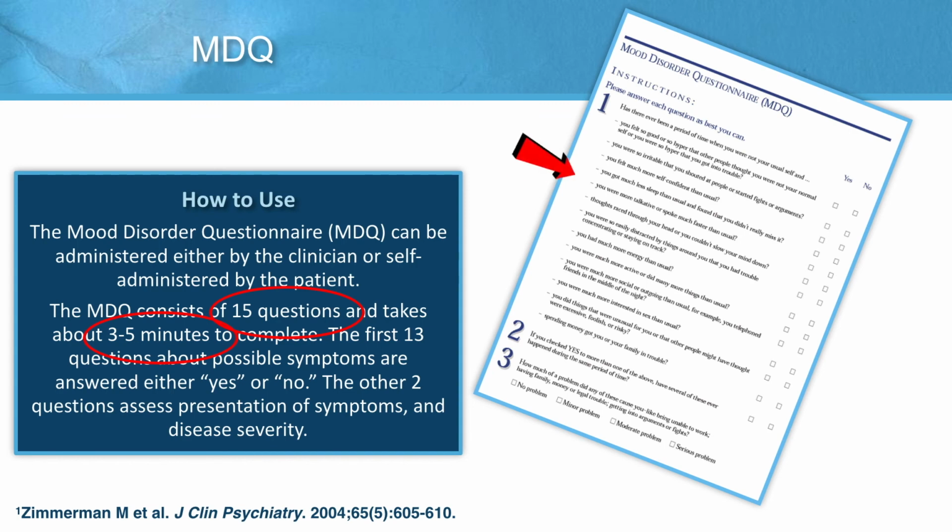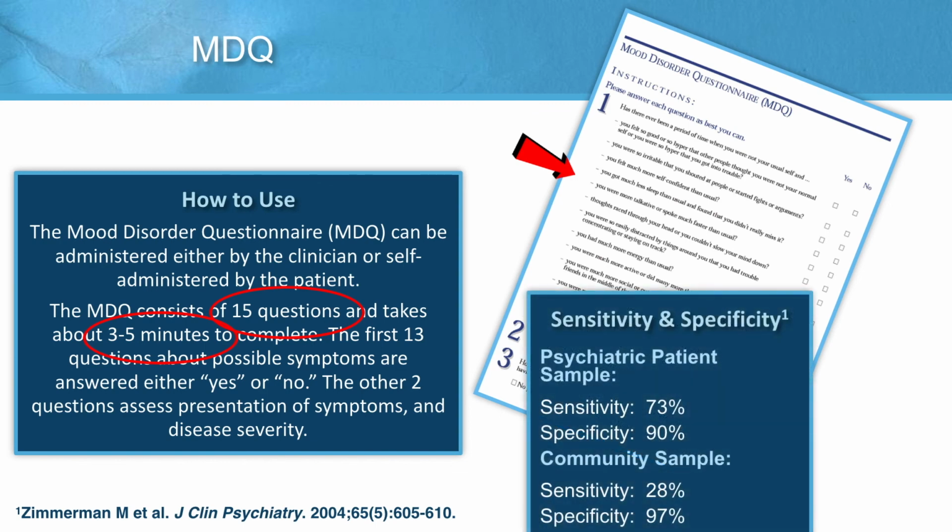The MDQ has good psychometric properties, as you can see. In a psychiatric patient setting, sensitivity is 73% and specificity is 90%. Within a community sample, sensitivity is 28%, specificity is 97%.